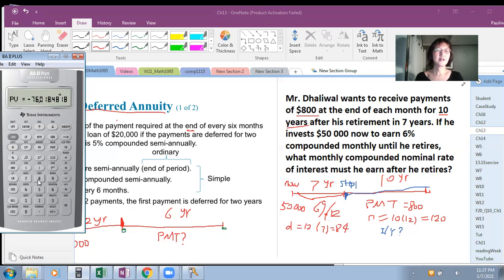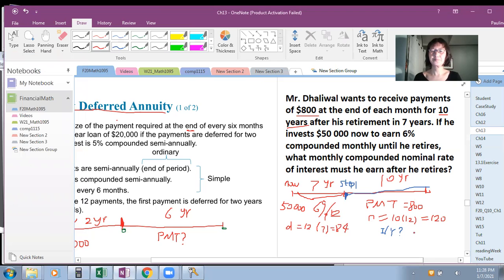And then 800 is PMT. 0 is FV. 120 is term N. Now compute IY. So the answer for IY is 4.83%.